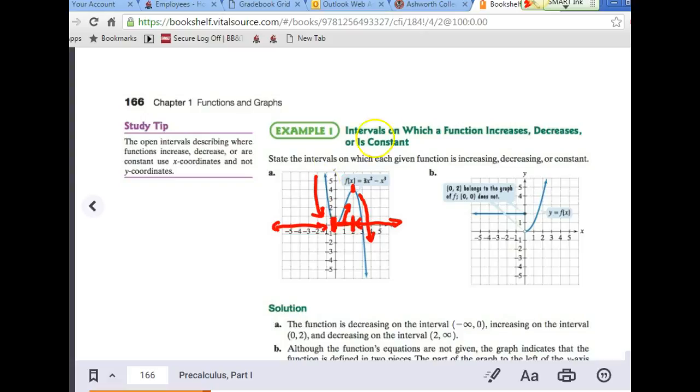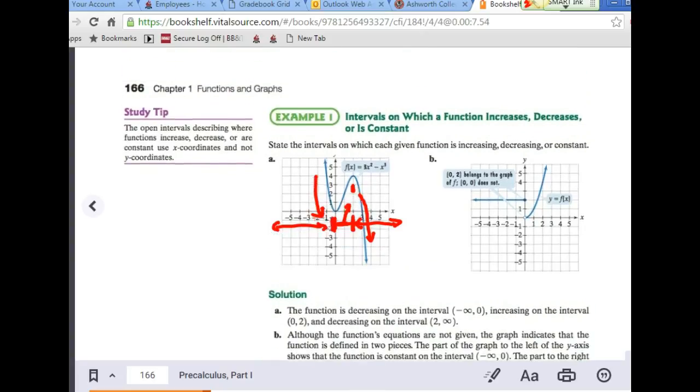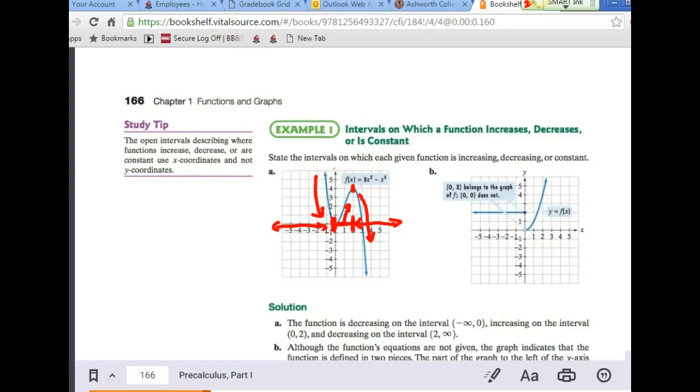So if you'll see how they describe the solution here, A says that the function is decreasing on the interval from negative infinity to 0. That means that as we go all the way from negative infinity out here, all the way up to 0, the graph was actually decreasing.